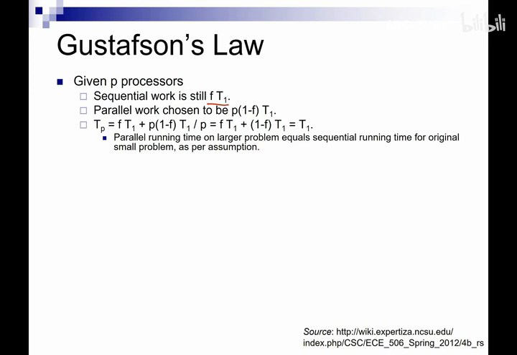So how do we do that? Well, suppose we choose the amount of parallel work to be this expression: the number of processors times (1 minus F) times T1. Then what is the parallel running time going to be?